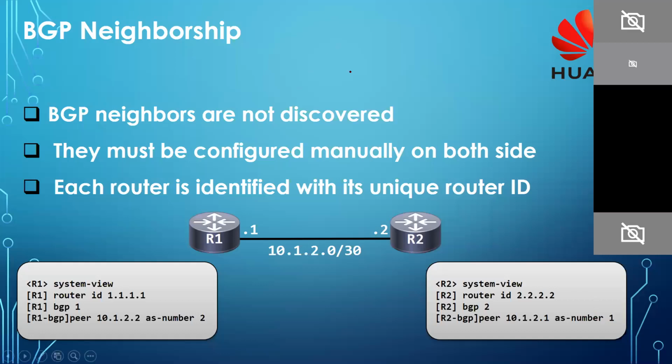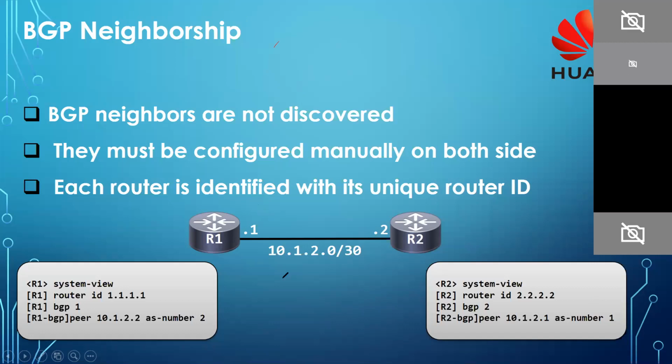So now, how will this neighborship come up? We said that BGP runs over TCP. So before establishing a BGP neighborship, the two routers need to establish a TCP session.